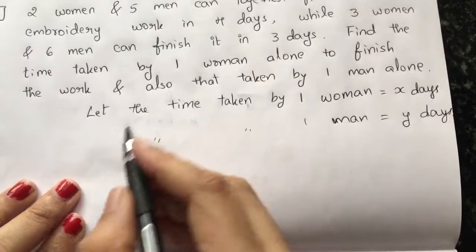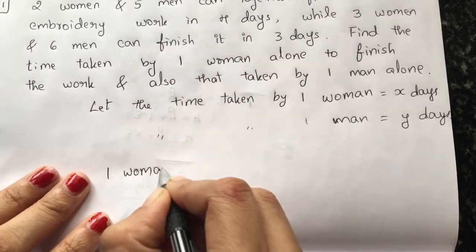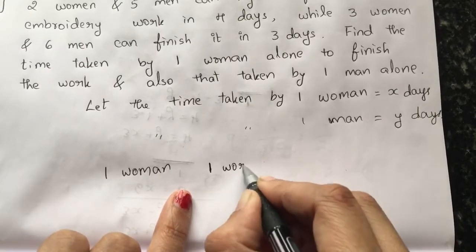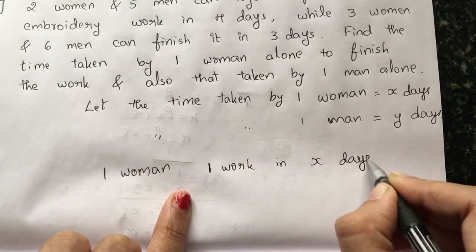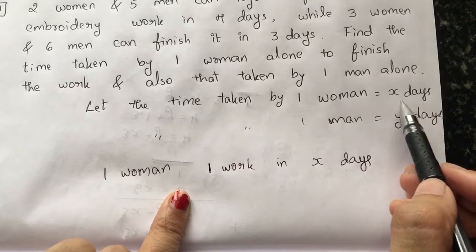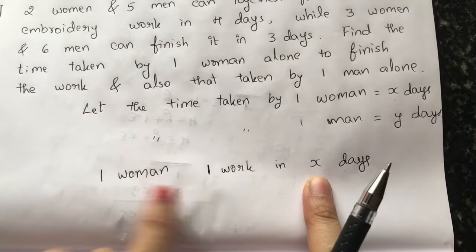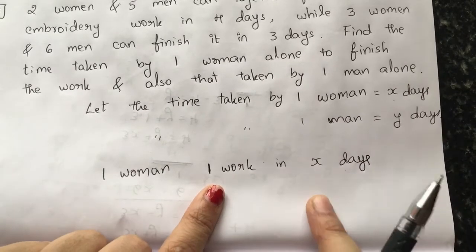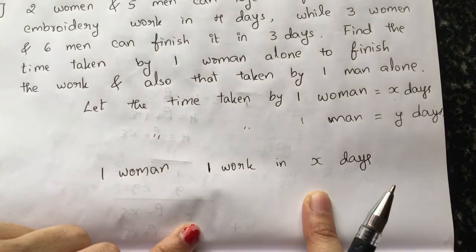Suppose I'm taking only one woman, she can finish one work in X days. So that's what I have assumed. In a single day, how much she can work? She can work 1 by X.